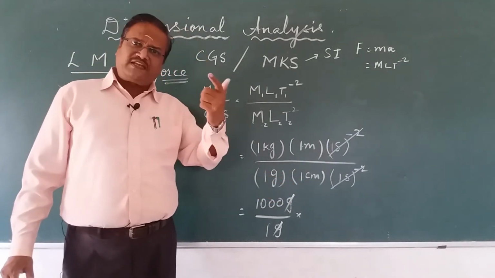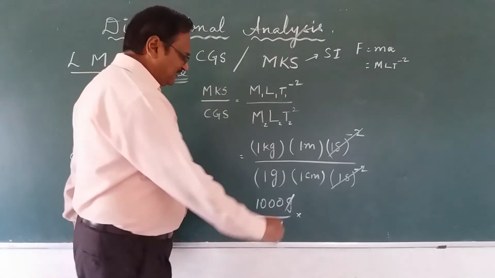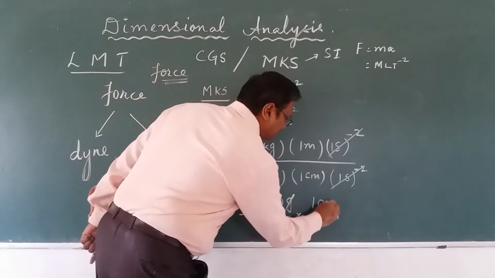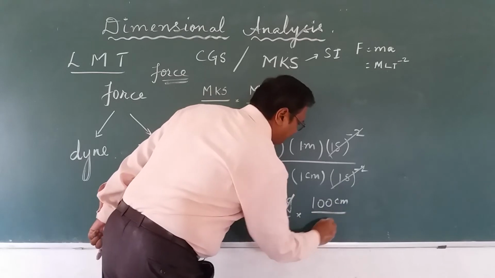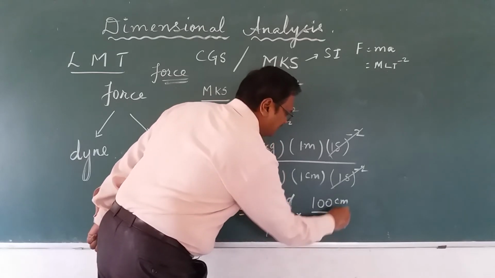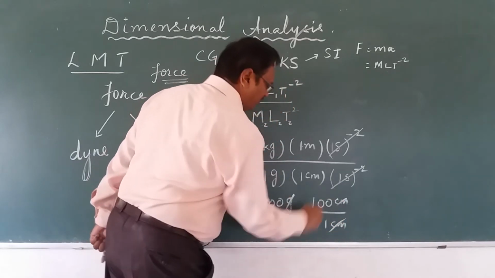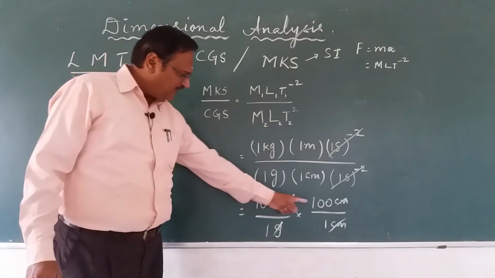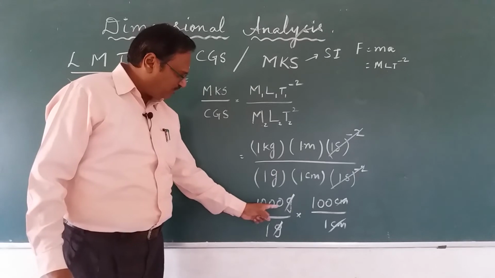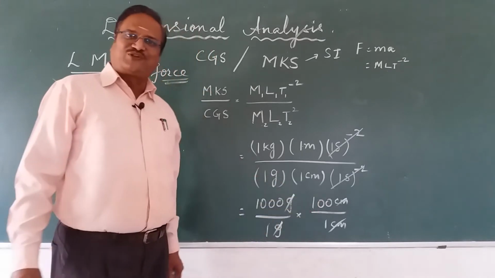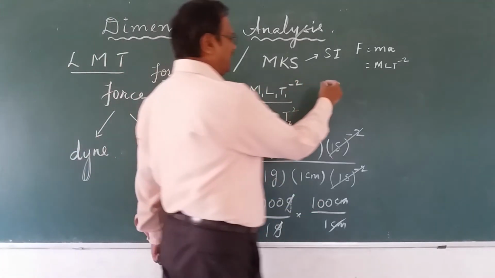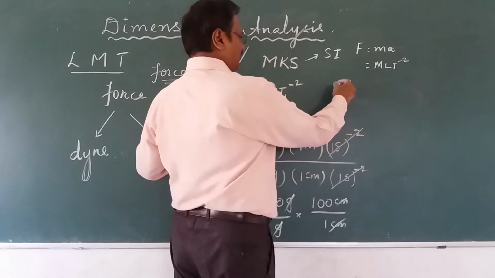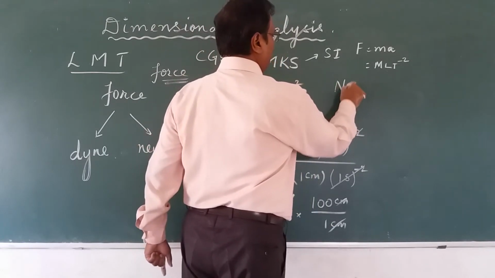So what is 1 meter? 1 meter is equal to 100 centimeter divided by 1 centimeter. Again centimeter goes, and I got this number. So let me look at it now: 1000 and 100, 5 zeros are there. So can I write this MKS? That is nothing but Newton.